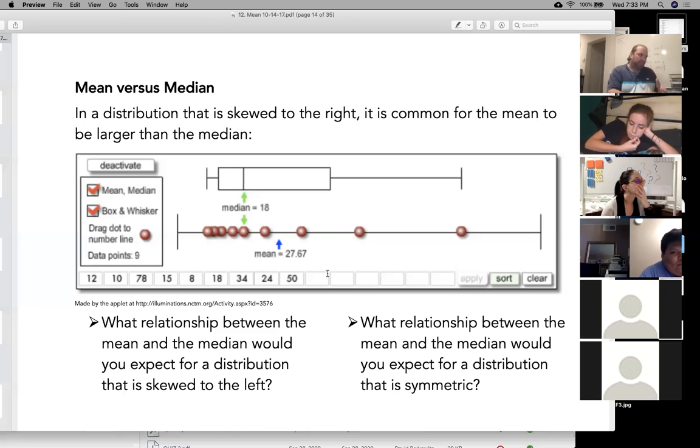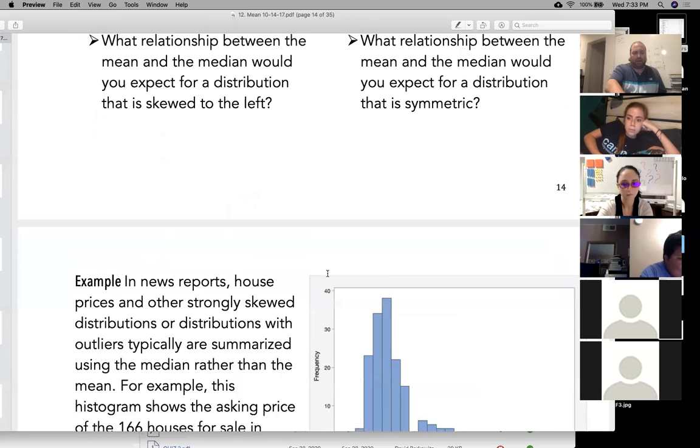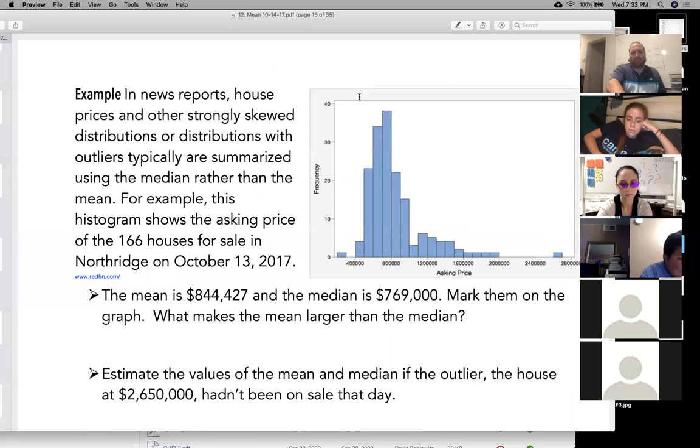Because in a skewed situation, the mean will really be affected by the skewness, much more so than the median. So the median is a more accurate representation of center than the mean. If it's not skewed, then we use the mean instead. Basically it comes down to skewness. So here, for example, it's very much skewed to the right. So I would use the median in that example. I wouldn't use the mean.